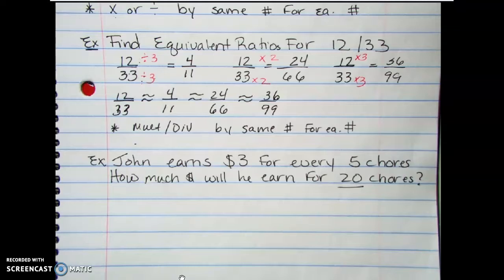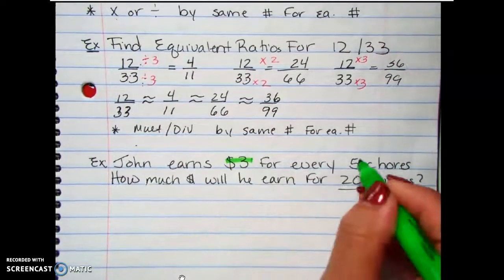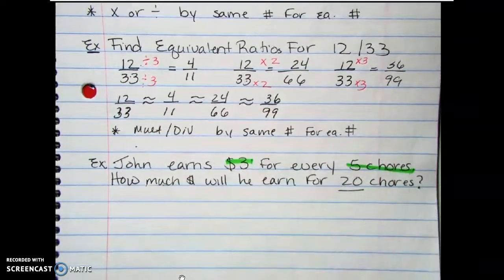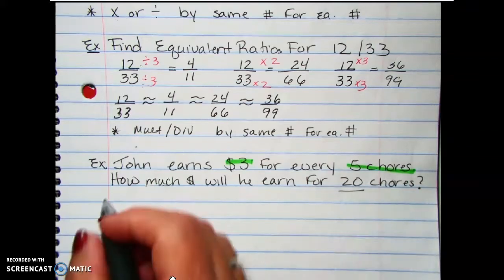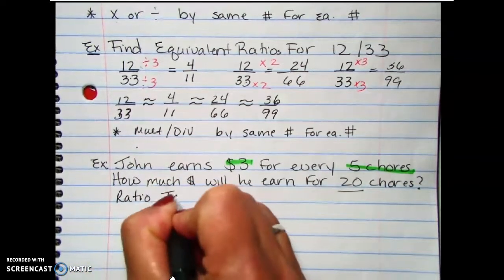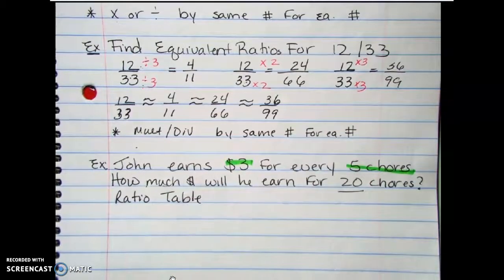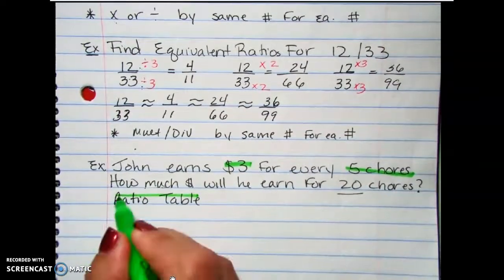All righty. So this is where I might change things up a bit so I can make things easier for me. He earns $3 for every 5 chores, but I want to find how much he earns in 20 chores. So this, I can use a ratio table to help me find that answer. So a ratio table is a T-chart.